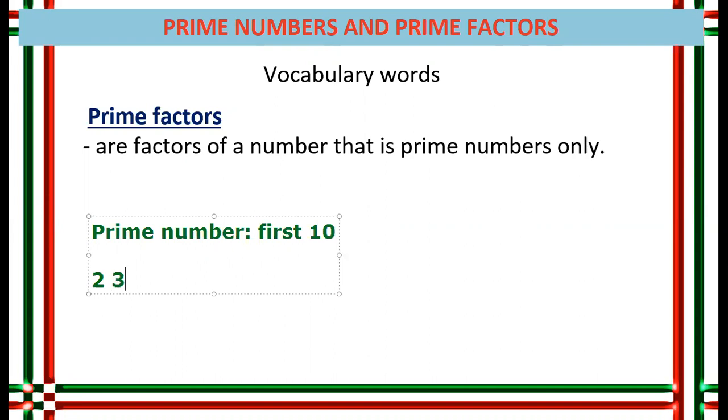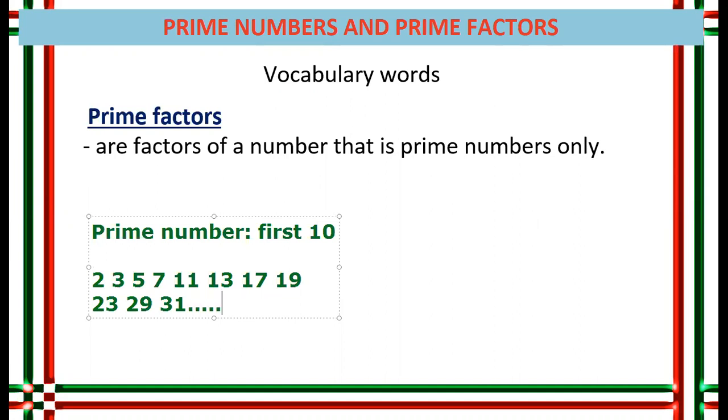So 2, 3, 5, 7, 11, 13, 17, 19, 23, 29, 31, and more. Okay, so remember, we are only using prime numbers to find the factors of a number if we are learning about prime factors.